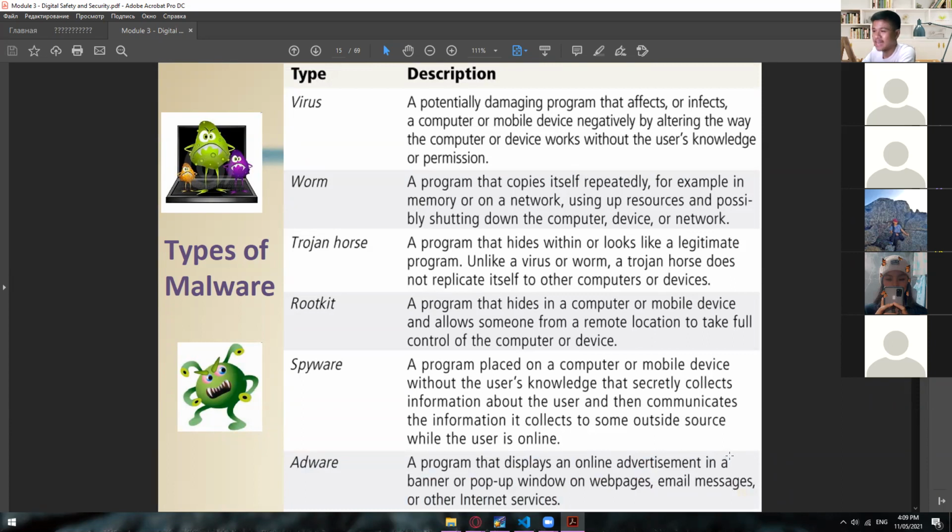Unlike on YouTube, where you have to pay YouTube for them to show your advertisement in their videos, adware is unsolicited advertisement.